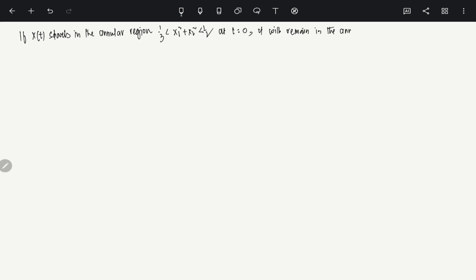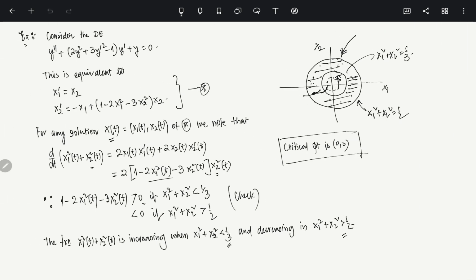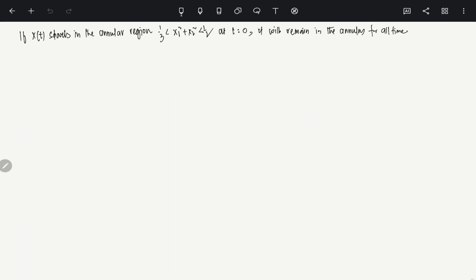If you are not convinced, pause the video again and think about what I told you, the norm of x(t) essentially. So if it starts in the annular region, it remains in the annular region, and since the annular region does not contain any critical point, what does the Poincare-Bendixson theorem say?